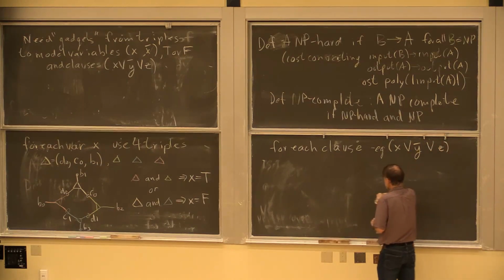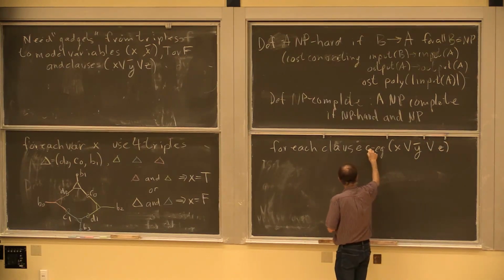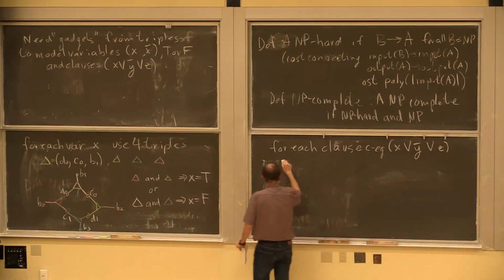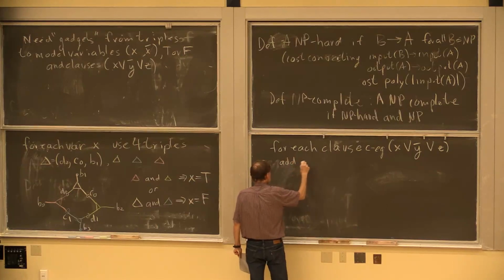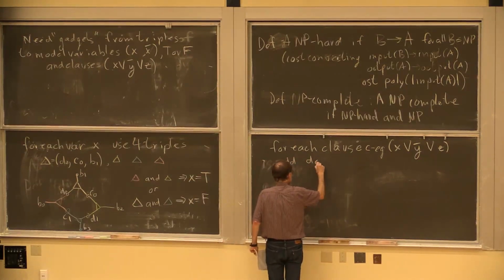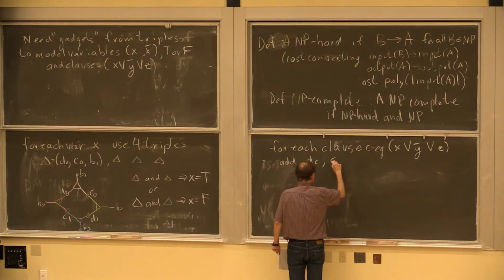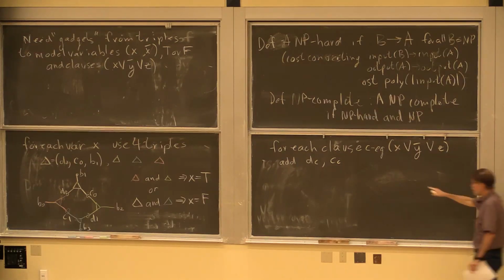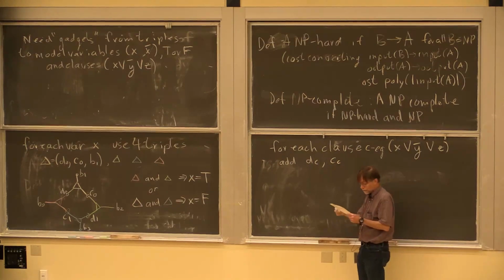So for this particular clause, let me just call it clause C, so it has a name, I'm going to add a new entry to the set of Ds, and a new C to the set of Cs. So I'm going to add one more item to this set and one more item to that set, and I'm going to label it by which clause they belong to.